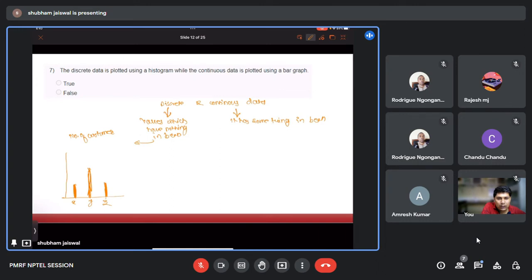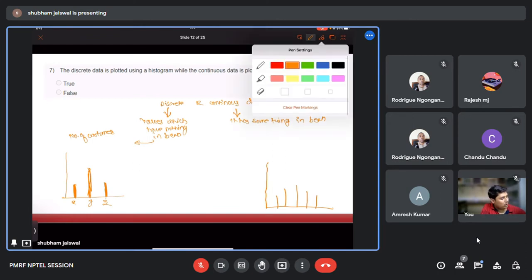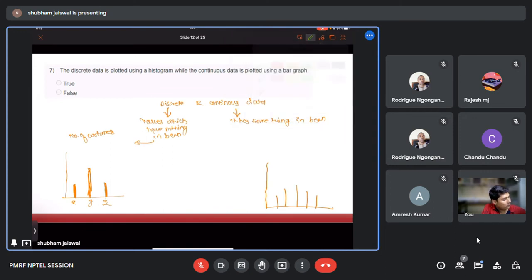But in continuous data, if I plot, I can say this is the variation on the measurement that I have got. So actually we can plot a histogram for the continuous data.